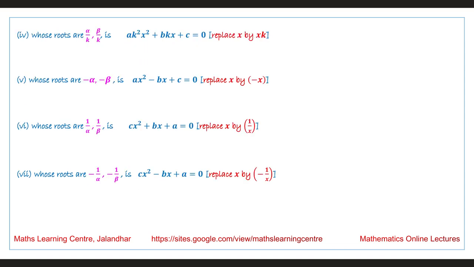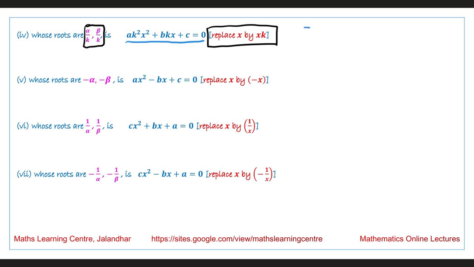Next, if we have to find the equation whose roots are alpha by k and beta by k, then we have to replace x by x into k. If we want to prove this result, we calculate the roots of this equation.